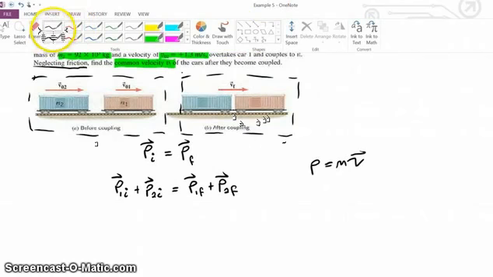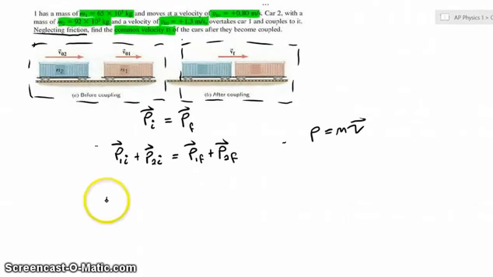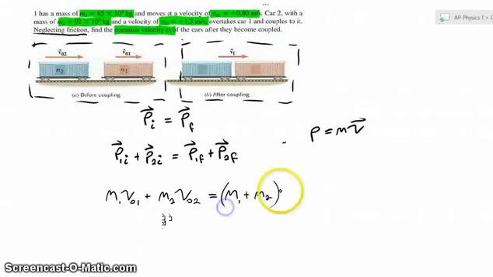So we're going to write this out. We're going to have mass 1, velocity initial 1, plus mass 2, velocity initial 2, equals, since they have a common velocity, mass 1 plus mass 2 times that common final velocity.